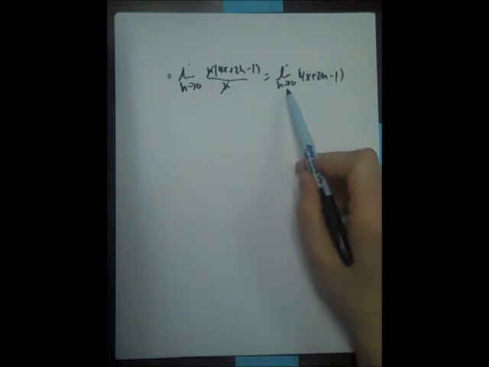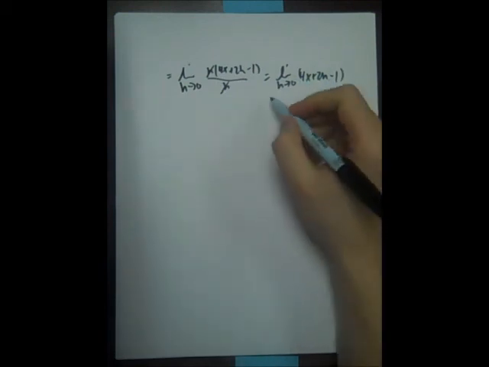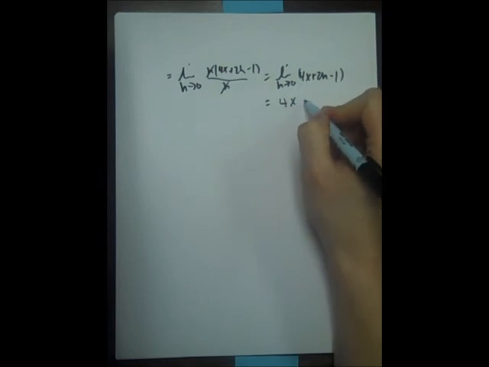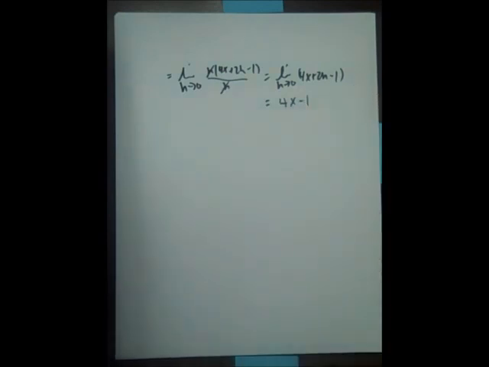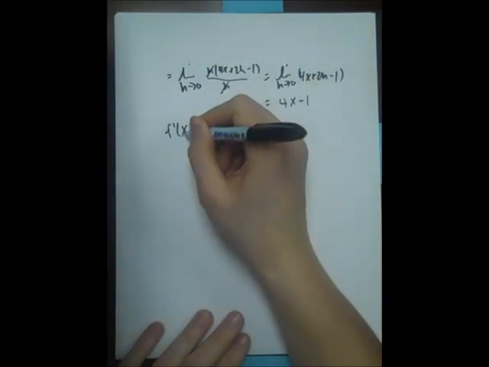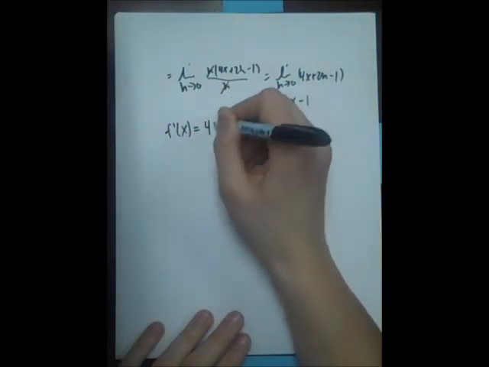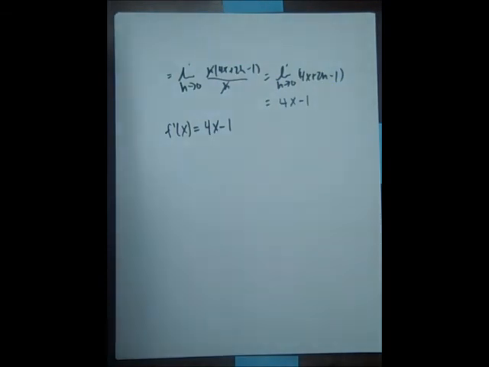Now can I just plug in 0 for h? Well, yes. If I plug in 0 for h, I'll get 4x minus 1. What that tells me is that f prime of x is 4x minus 1. And therefore f of x is differentiable. I just found the derivative.